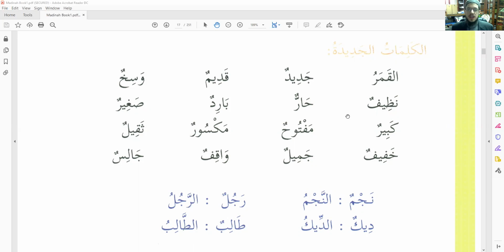I had gestured towards it when we had heard one of the participants say al-shamsu. Al-shamsu. Well, this is going to be the answer to that question.